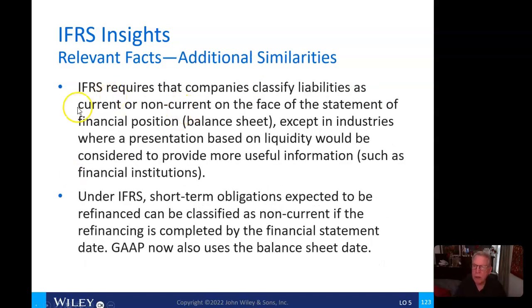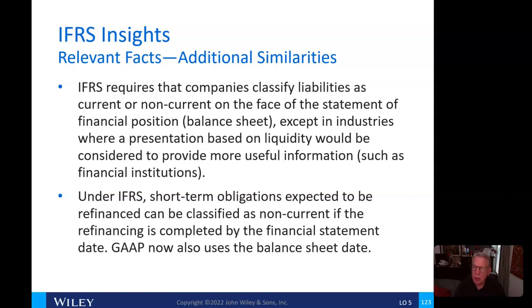Other similarities: IFRS requires companies to classify liabilities as current or non-current on the face of the statement of financial position, the GAAP balance sheet, except in industries where a presentation based on liquidity would be considered to provide more useful information, such as with financial institutions.